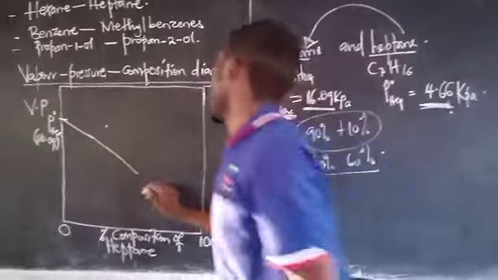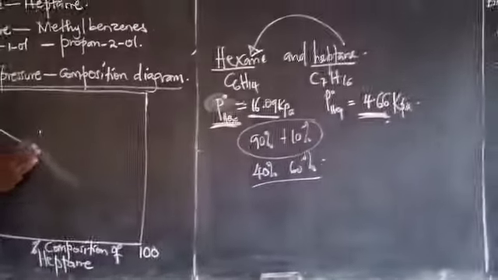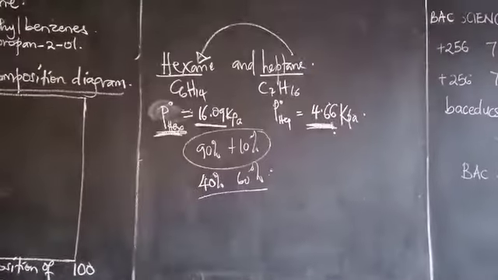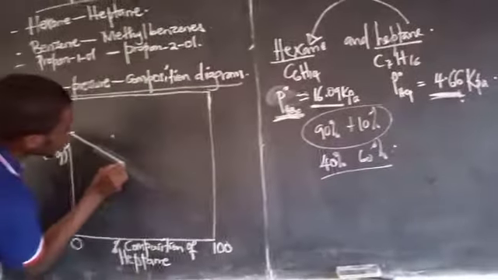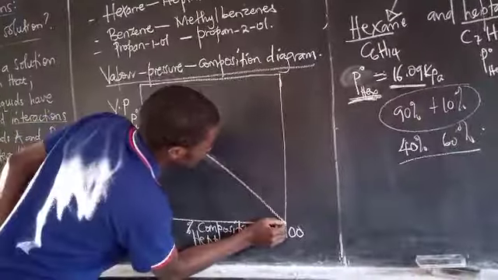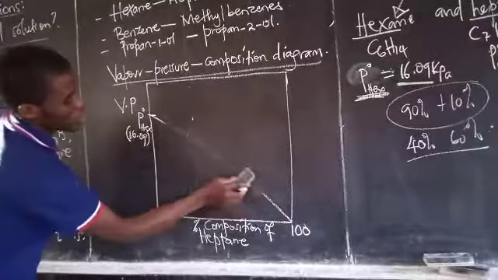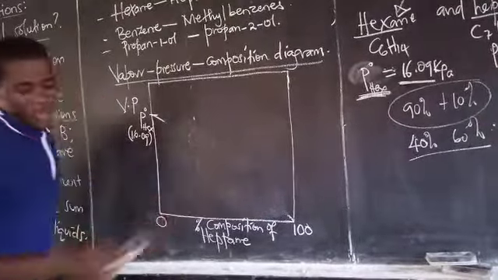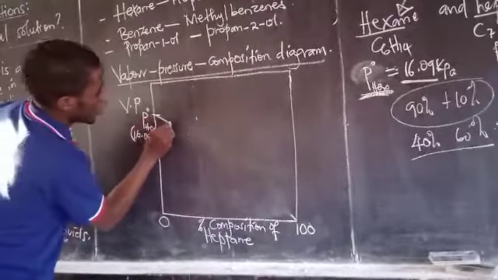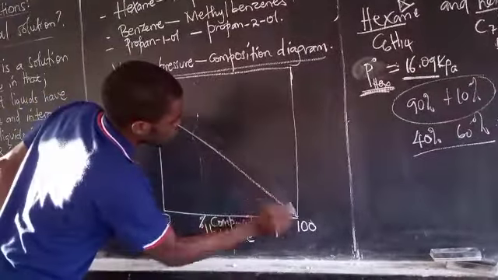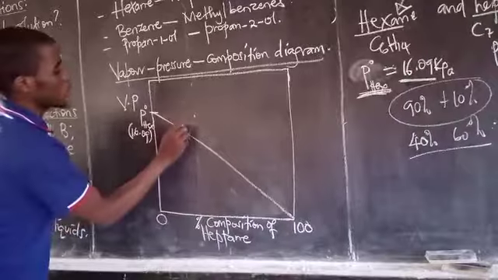And when you are considering the vapor pressure of hexane, it will continue reducing until when it is 0. This should be a straight line. This should be a clear straight line.